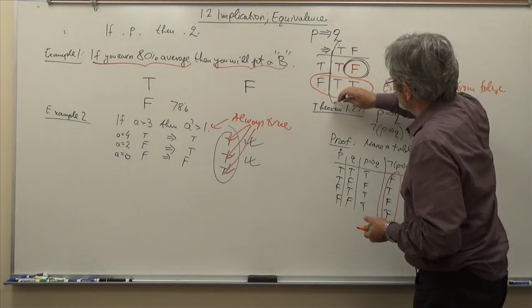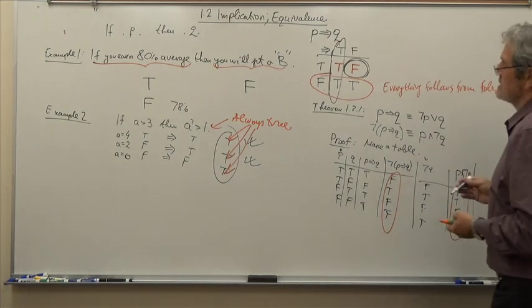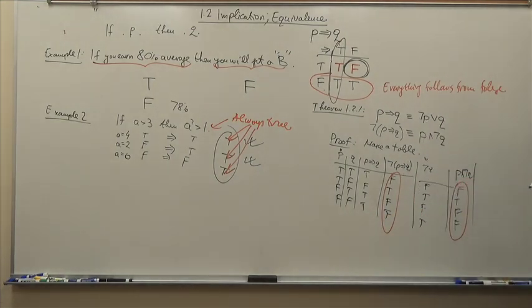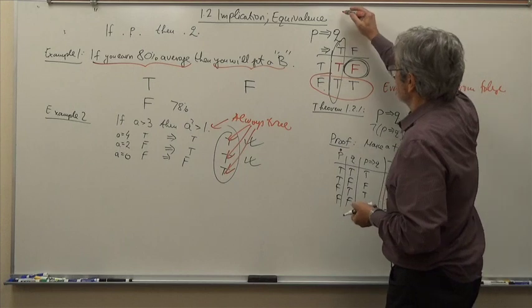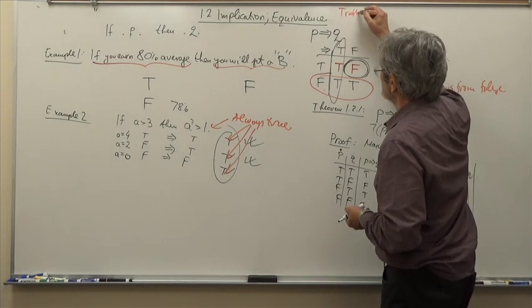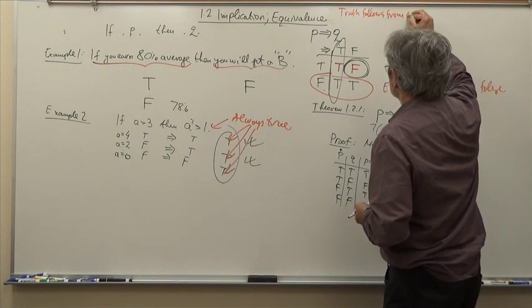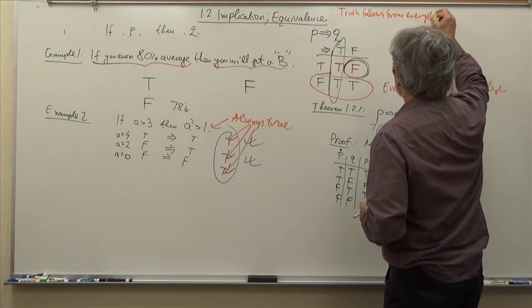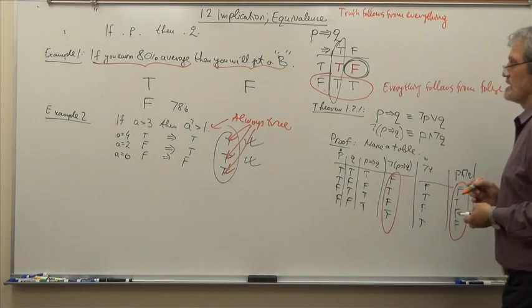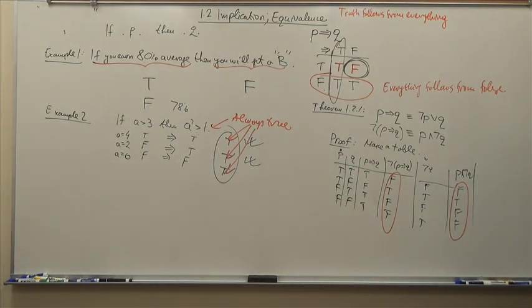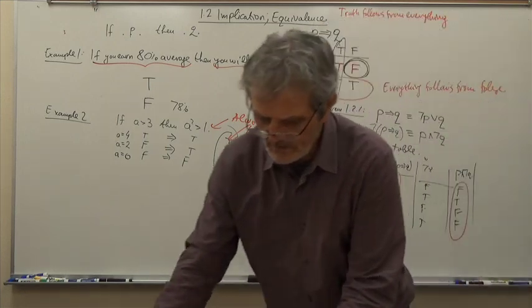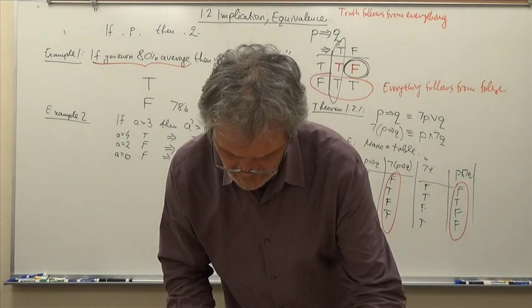And this here says truth follows from everything. So those two lines are often used in some kind of calculations. All right, what else do we want to discuss here?